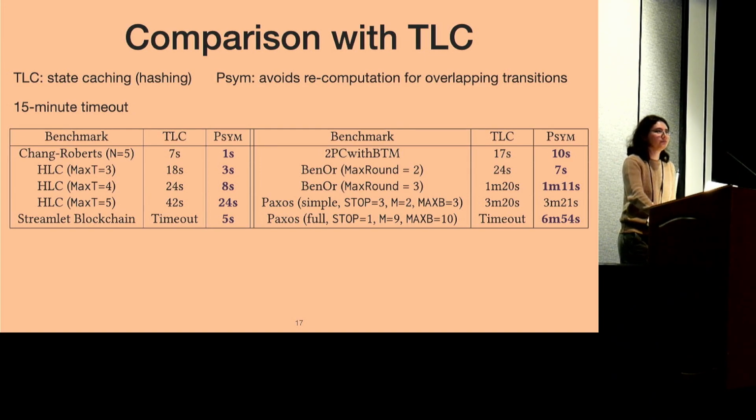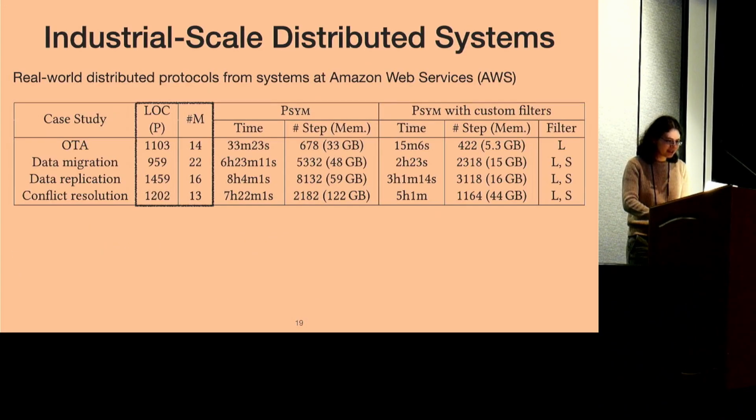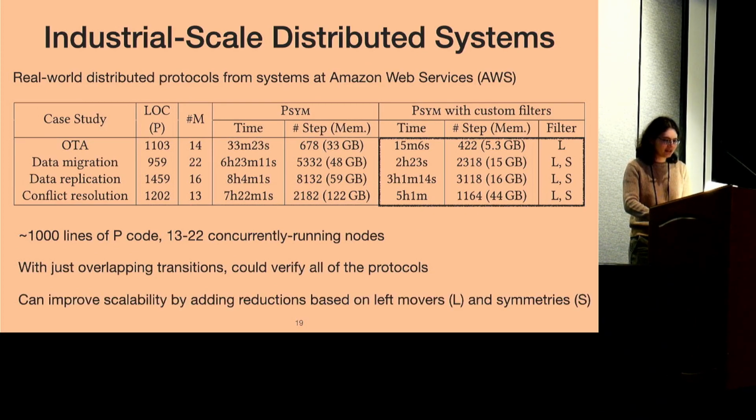Any other questions? You mentioned that your approach is also compatible with other approaches such as partial order reductions. I wonder if you have tried combining this in any of your evaluations and how they would perform combined together? Yeah, so I mentioned these reductions based on left movers and symmetries.